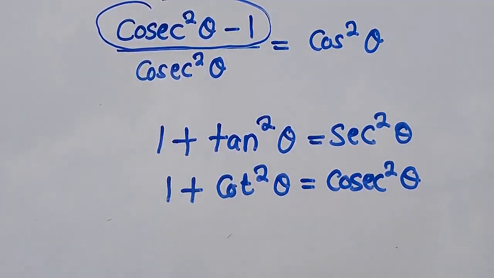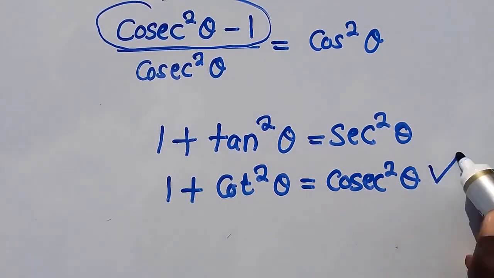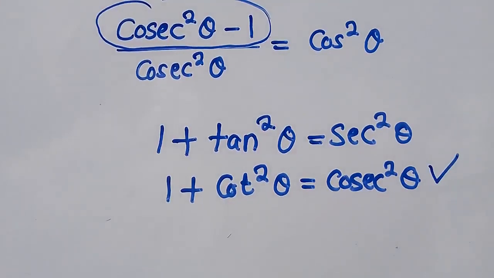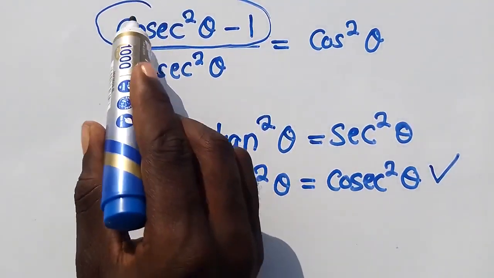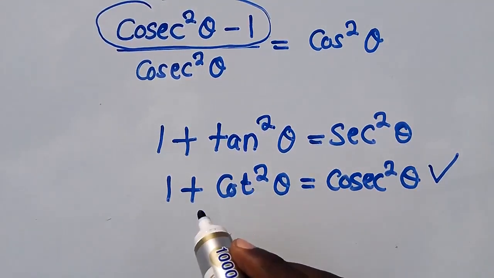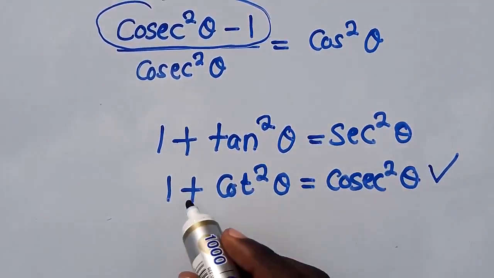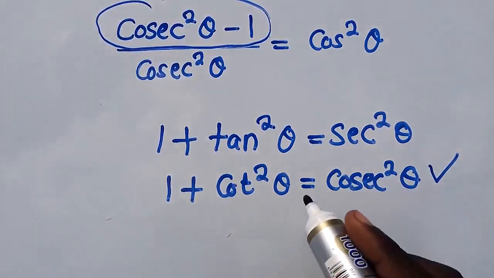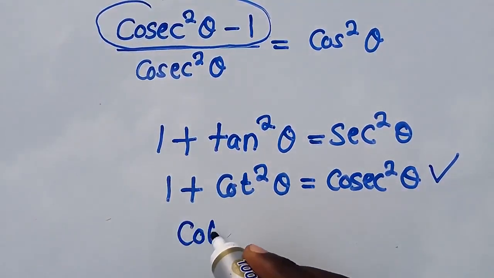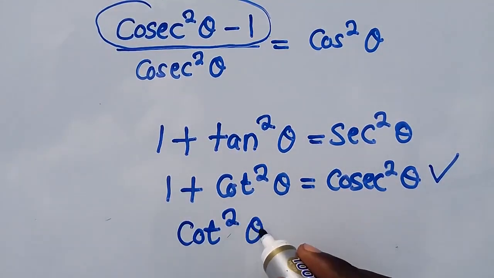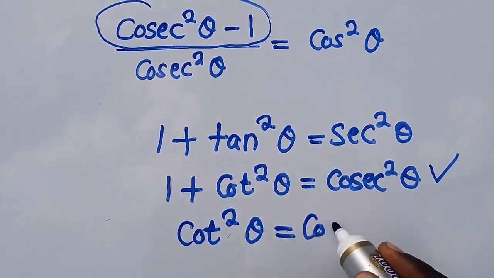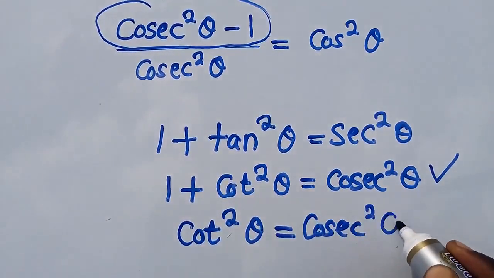So now let us consider this one, the one which is down here. When you look at this, when the 1 goes to the other side, you are going to have cot squared theta is equal to cosec squared theta.